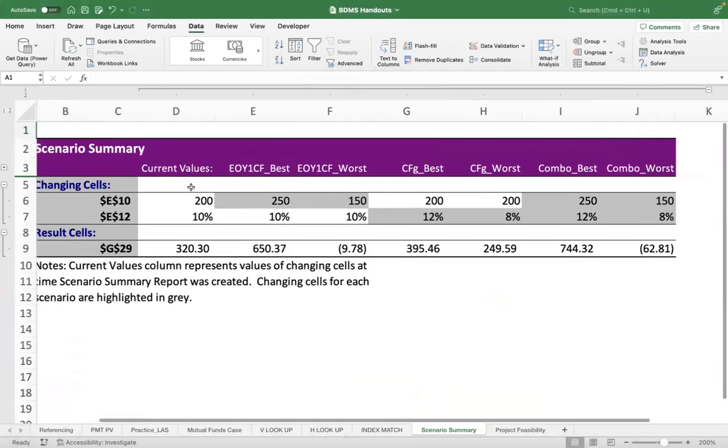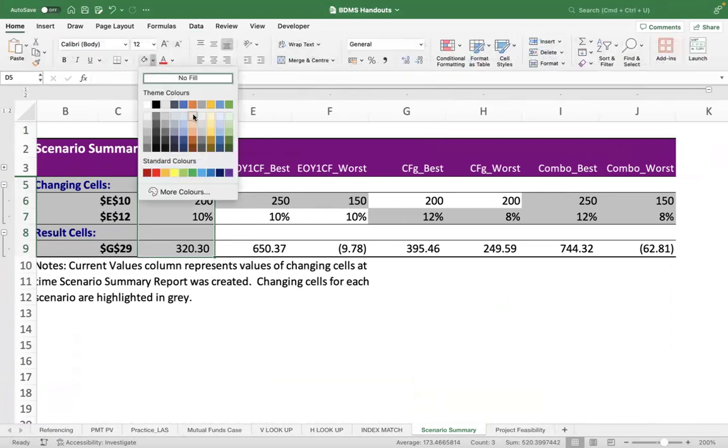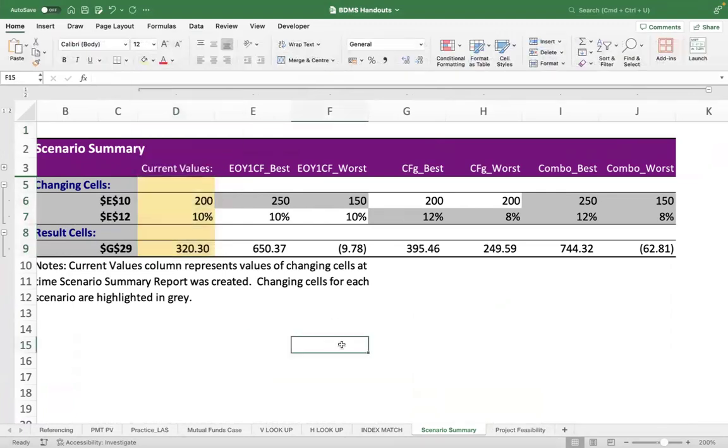Now this one here is your base case. This is the one which is current, if you remember. Now look at these one by one. This is for cash flow. If your cash flow becomes 250, what happens to your NPV? If your cash flow becomes 150, what happens to your NPV?